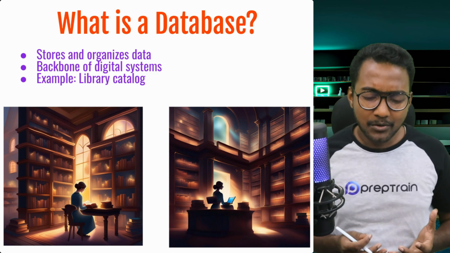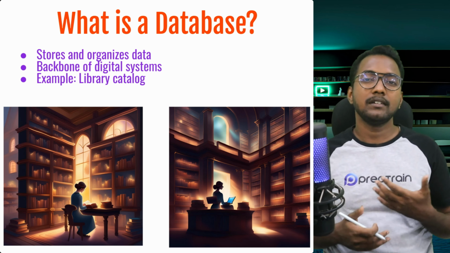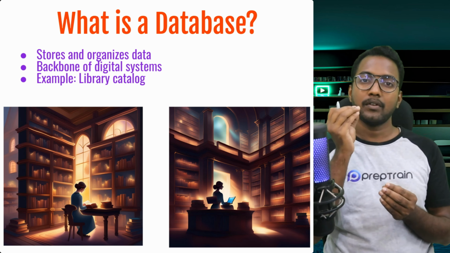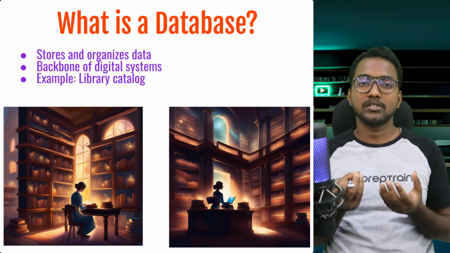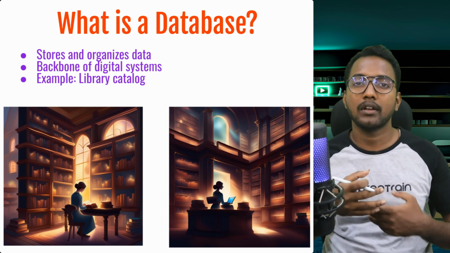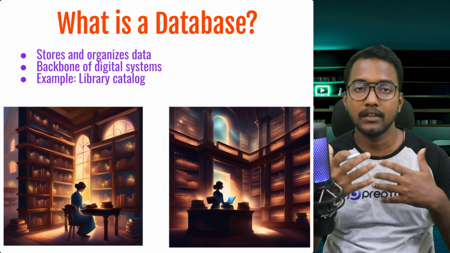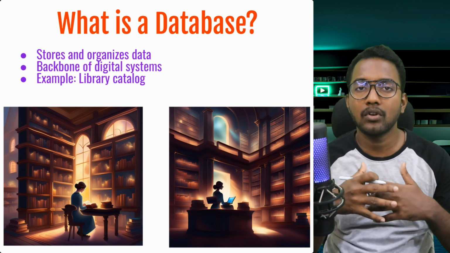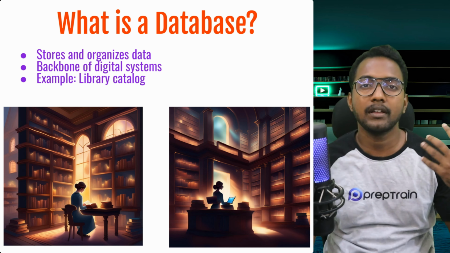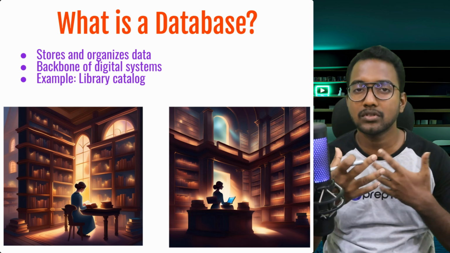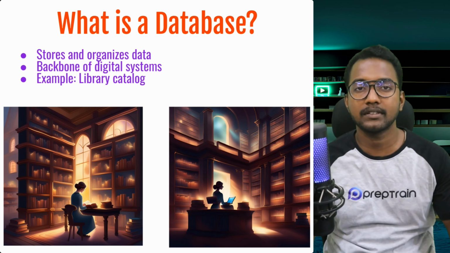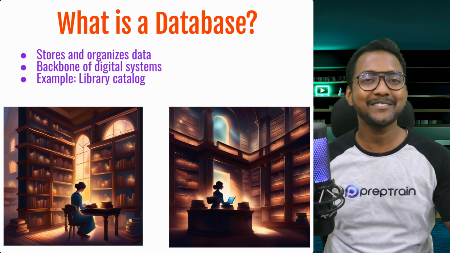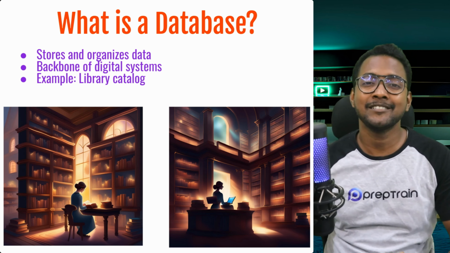Before diving into database sorting, it's essential to understand the fundamental concept of a database. A database is a structured system designed to store, organize, and retrieve data efficiently. Think of it as the backbone of modern digital systems, powering everything from e-commerce websites to social media platforms and even critical services like banking and healthcare. To make this concept relatable, imagine a library catalog.